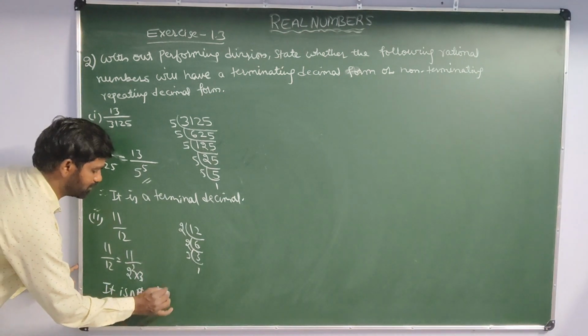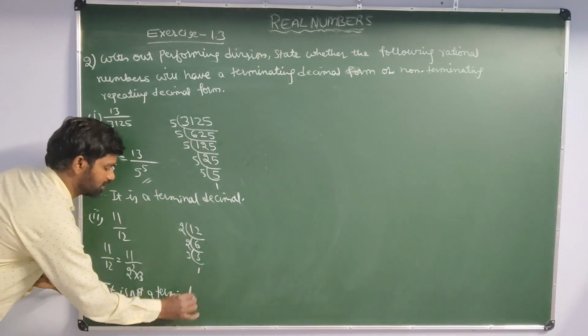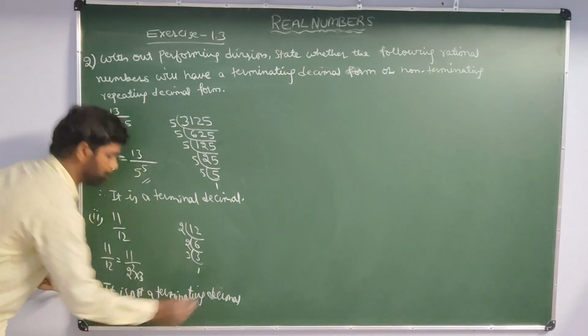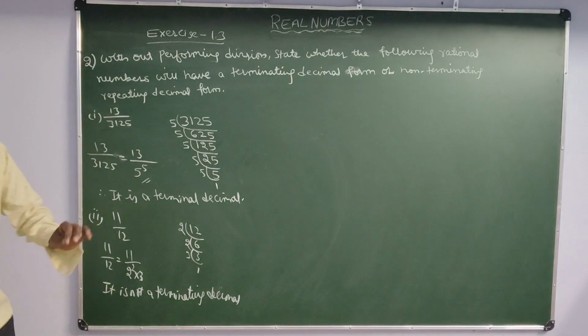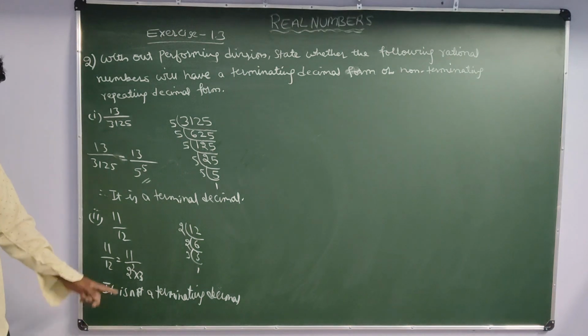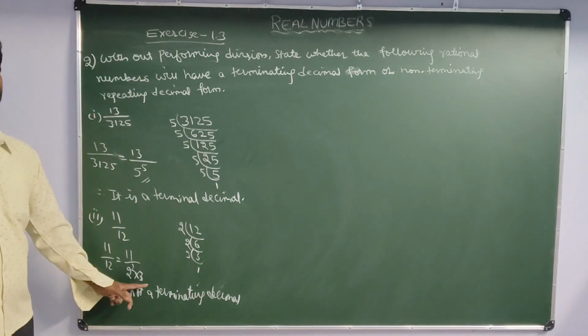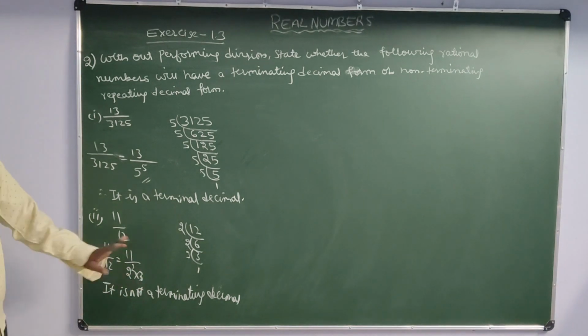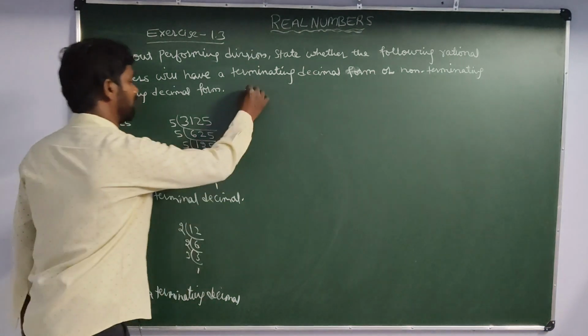It is not a terminating decimal. Why? Because the denominator is not in the form of 2 power n, 5 power m. Of course, here 2 power n is there, but 5 is not there. Instead of 5, there is 3. That's why it is not a terminating decimal.